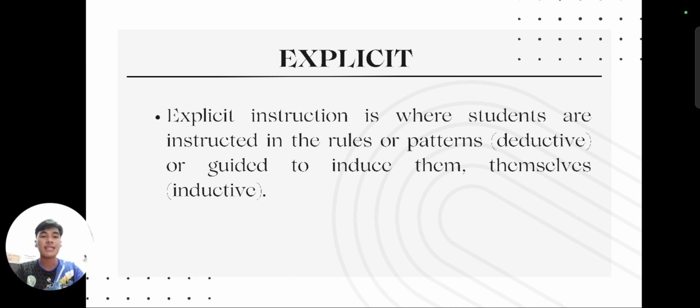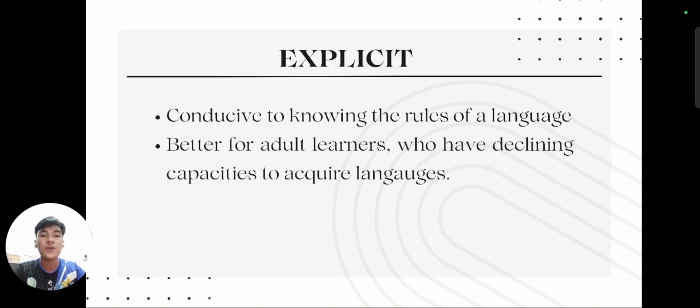In explicit instruction, students are instructed in the rules or patterns, or guided to induce them themselves. In explicit, everything is stated clearly and in detail, leaving no room for confusion or doubt for language learners. It is conducive to knowing the rules of a language.